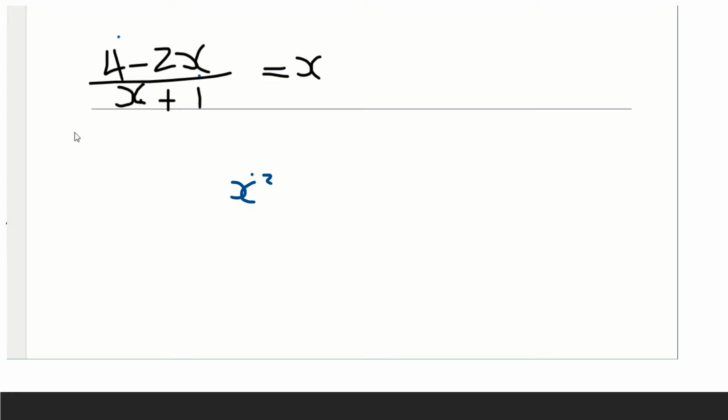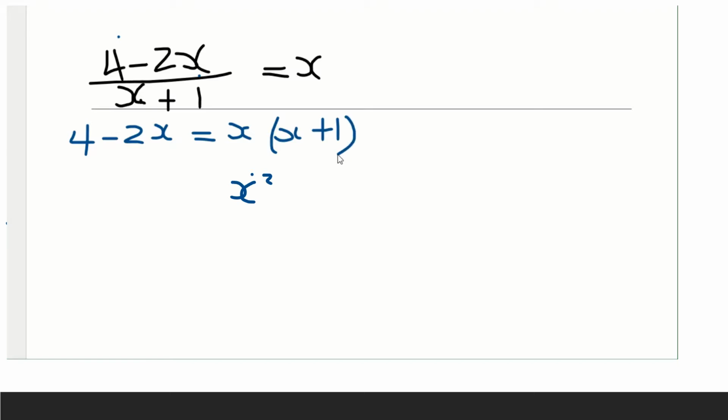So doing that, we have 4 minus 2x, and that's equal to, and we're going to be also multiplying the x by the x plus 1. So we'll have x multiplying x plus 1.